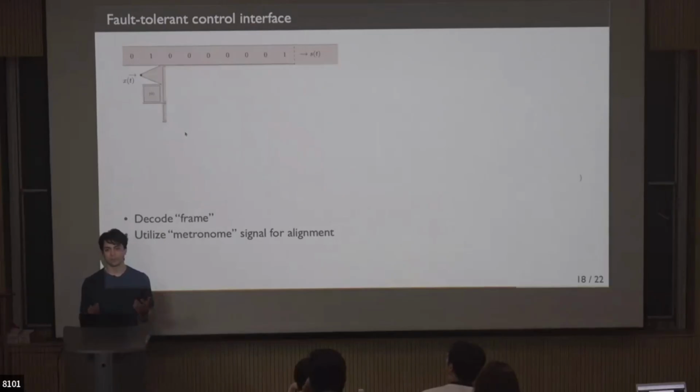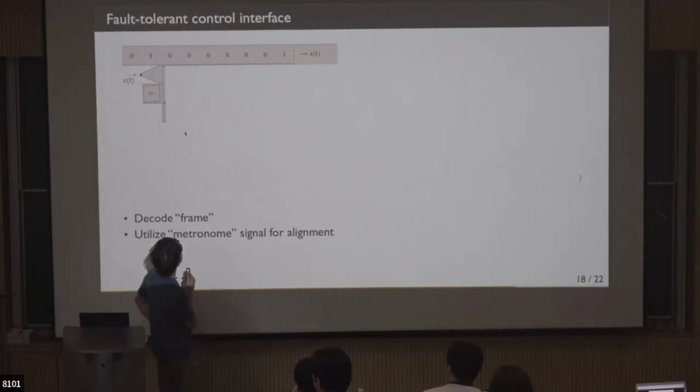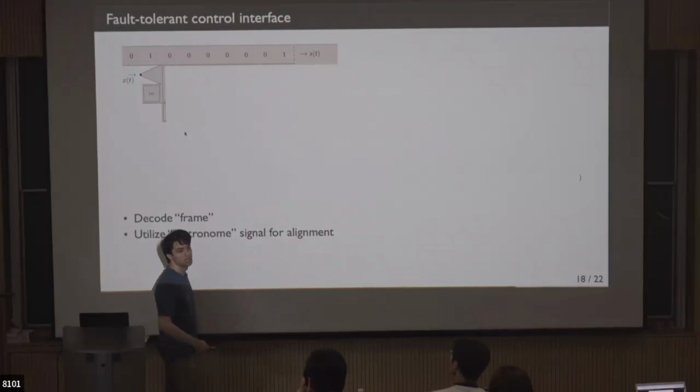In terms of how to implement this in the model that I've built up, this part's a bit technical, so if you like, you can skip it. The general idea is that we want to decode these frames. We have this time sequence of bits coming in, and we also have this metronome, which we can arrange to be produced for us noiselessly, and which marks off whenever each frame starts.